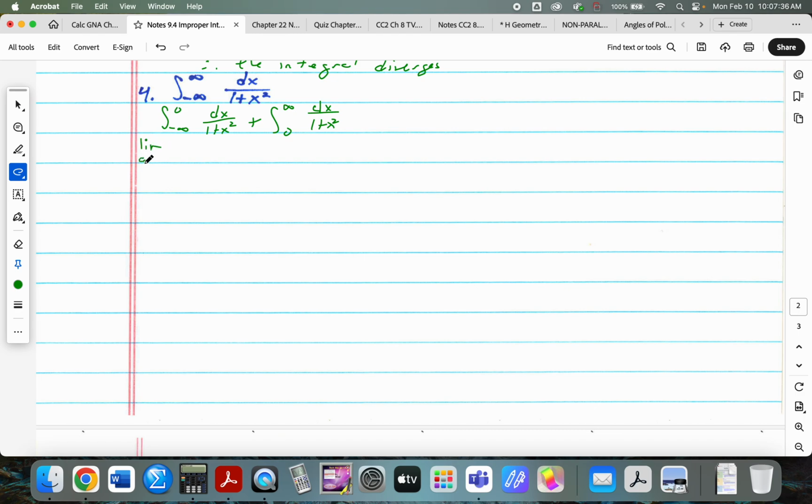The limit as a goes to negative infinity of the integral from a to 0 of dx over 1 plus x squared, plus the limit as b goes to infinity of the integral from 0 to b of dx over 1 plus x squared.